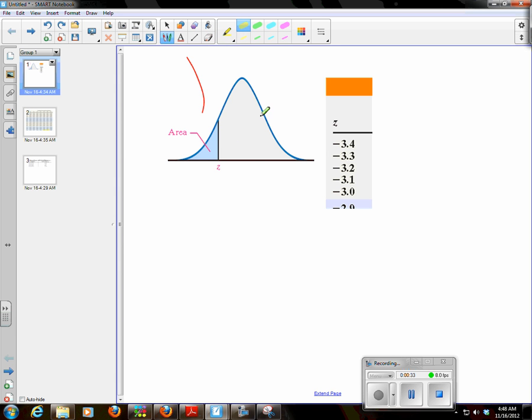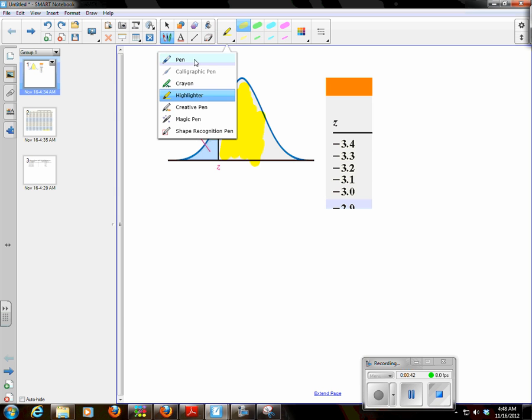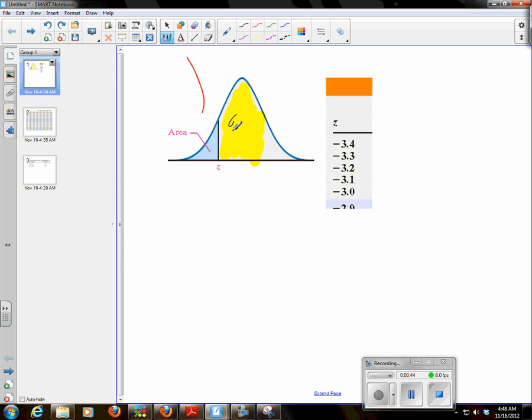I'm looking for z-score numbers that cut off that middle 90%. If there's 90% in the middle, there's 100 minus 90% on the outside, and we're going to divide that by 2 because it's a symmetric distribution.